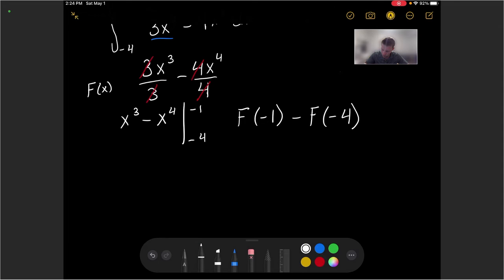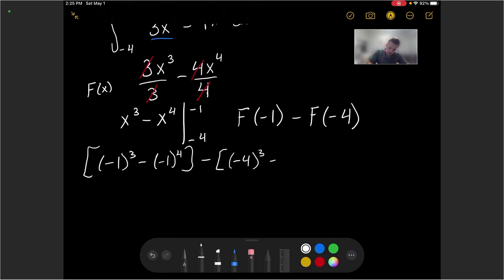First at -1, we'll have (-1) cubed minus (-1) to the fourth. All this will be subtracted by (-4) raised to the third minus (-4) raised to the fourth.